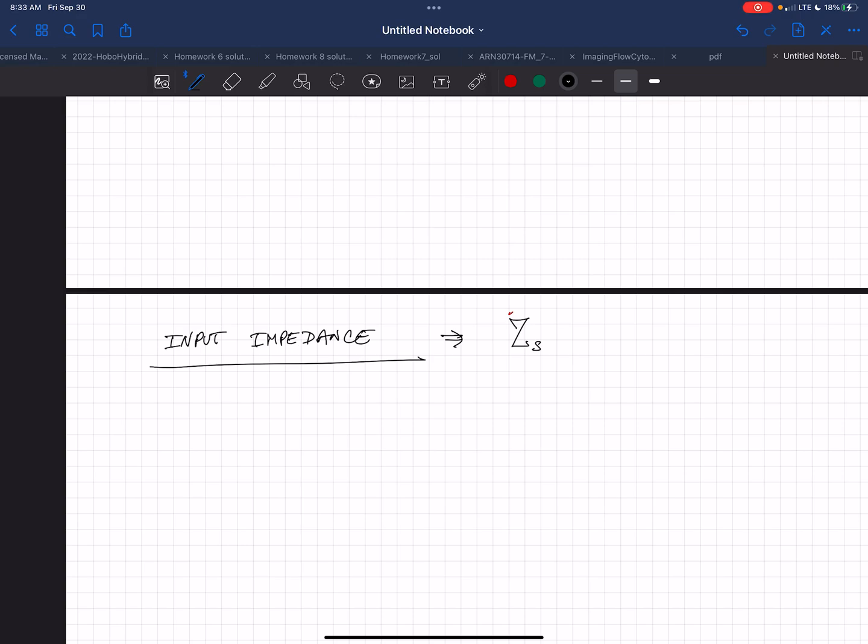Okay, so again, Z0 is the characteristic impedance of the line, and that's given by the L and the C of the line. Z sub L is the load impedance.